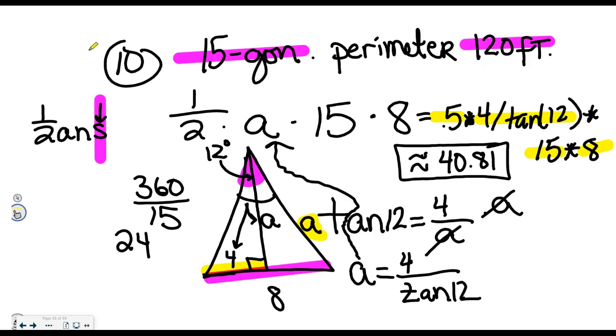Nope, you didn't enter it right. I'm going to go do it. So 0.5 or half times 4 divided by the tangent of 12 degrees, close it, times 15 times 8 equals. I got 1,149. You had a 0.4 right here, and you didn't divide. So we're going to fix that.